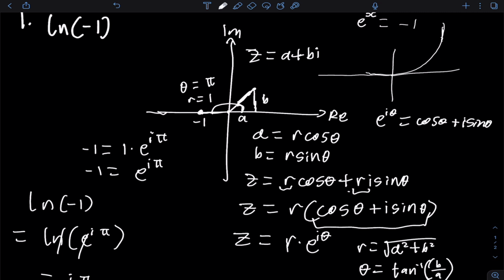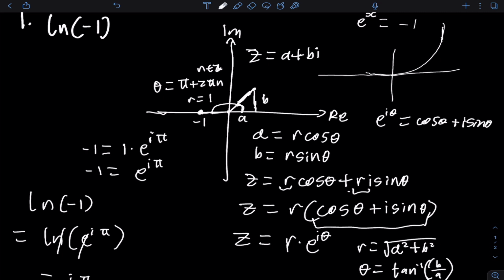So what we can see is that we can keep on adding some multiple of 2 pi, or subtracting some multiple of 2 pi. So when we're dealing with complex numbers, an angle can always be described as that angle plus 2 pi n, where n is an integer, because we can keep on adding or subtracting multiples of 2 pi to reach the same angle, to reach the same point on the plane.